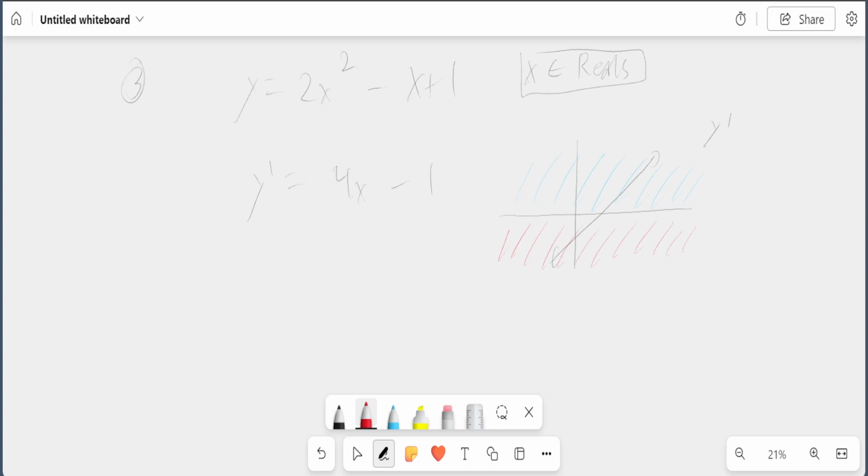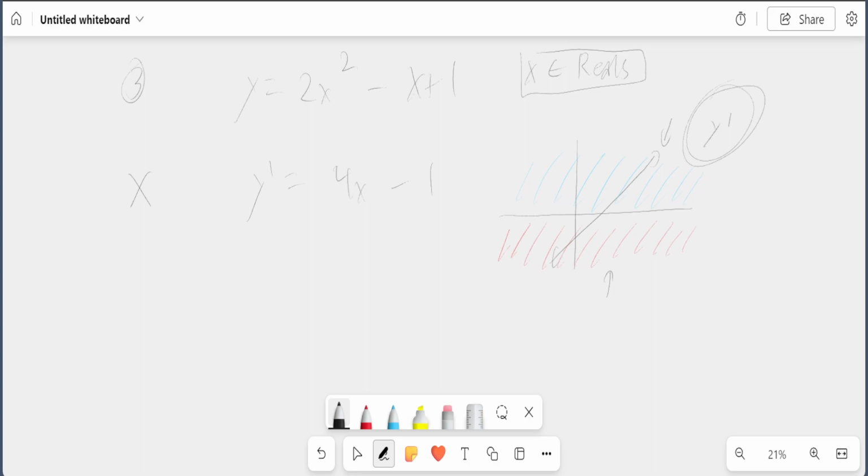So our function is increasing when it's in the blue, and it's decreasing when it's in the red. Does that make sense? Because this is our y prime line. Right, so that's one way you can think about it: it's above and below the axis, so it is not monotonic.